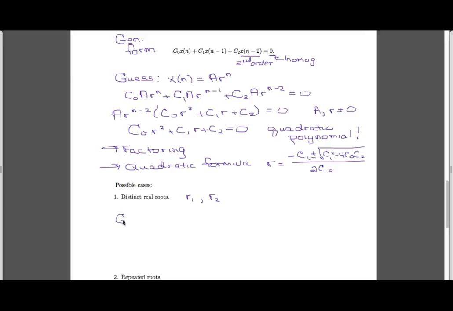In that case, the general solution, the closed form solution of the second order homogeneous recurrence relation, is x of n equals little a, which is just some constant that we haven't talked about before, times r1 to the nth power plus b, another constant that we haven't talked about yet, times r2 to the nth power.